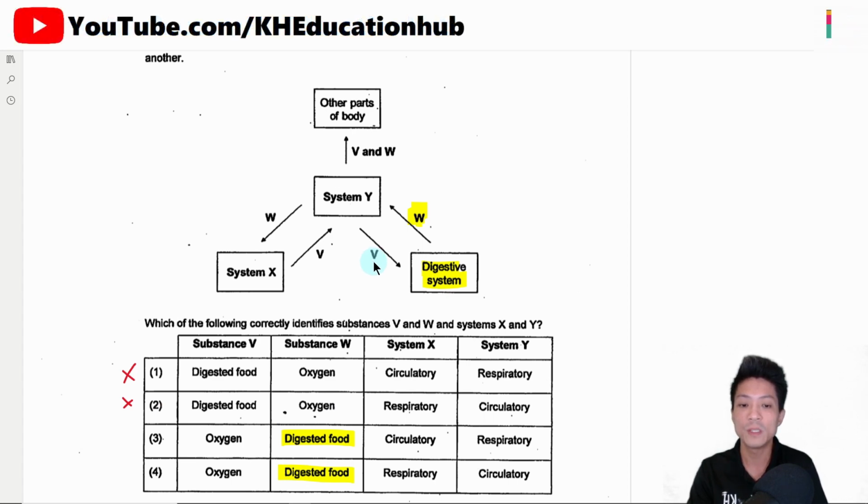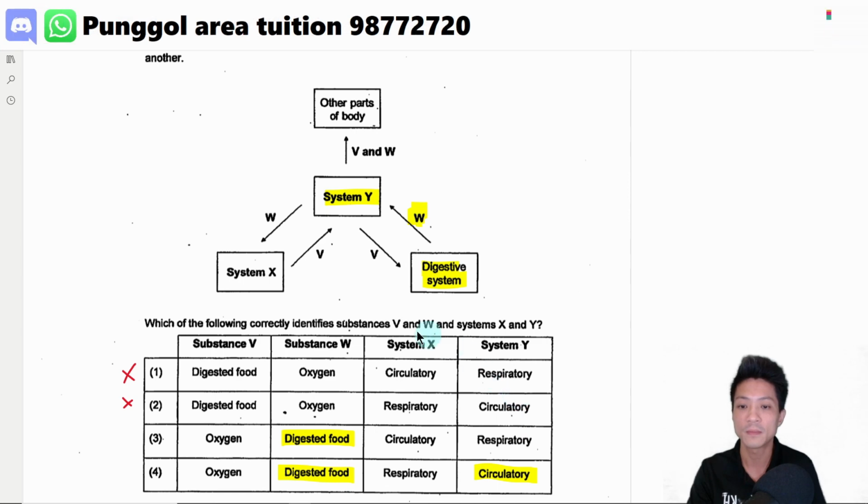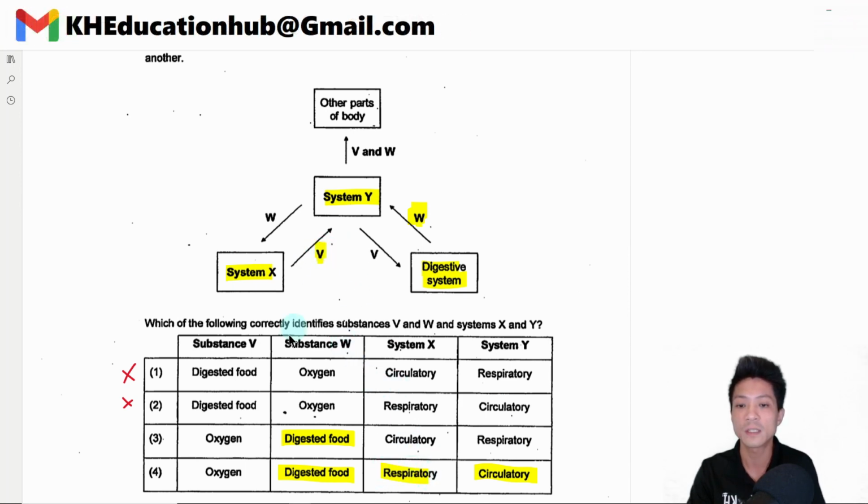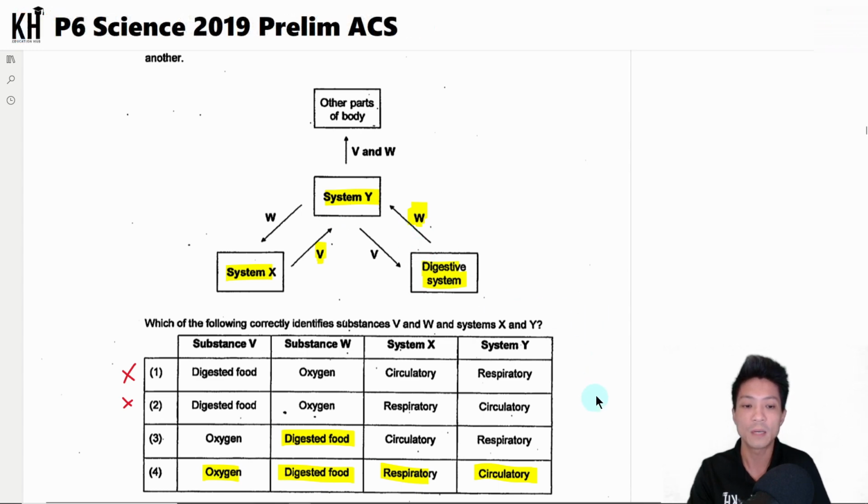Which means that system Y is probably the respiratory system. Oh, sorry, the circulatory system. System X is probably the respiratory system, and then V that is coming out of it will be the oxygen. Okay, so for this question, the answer will be number 4.